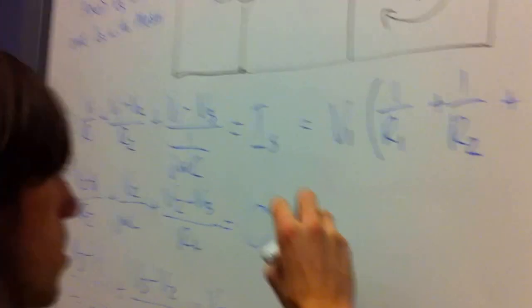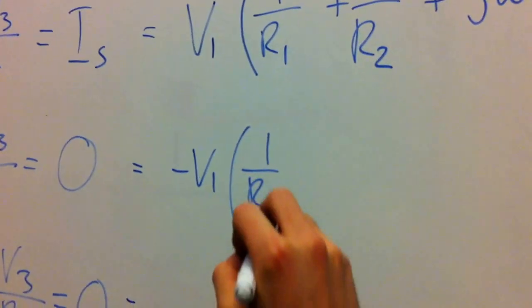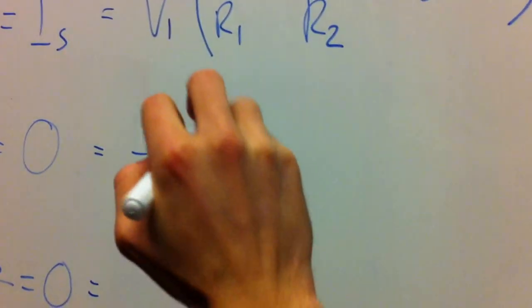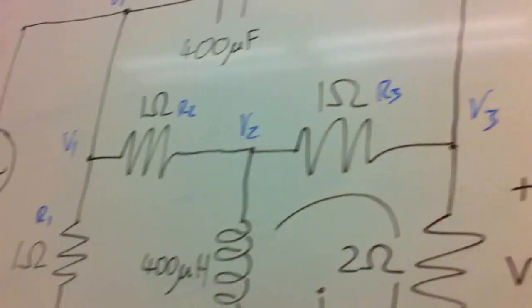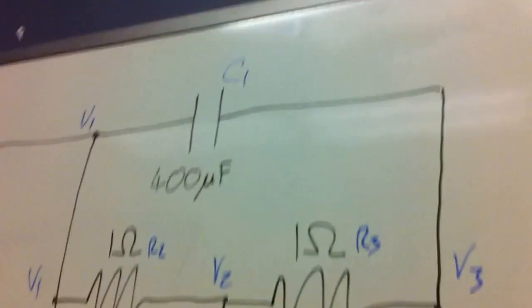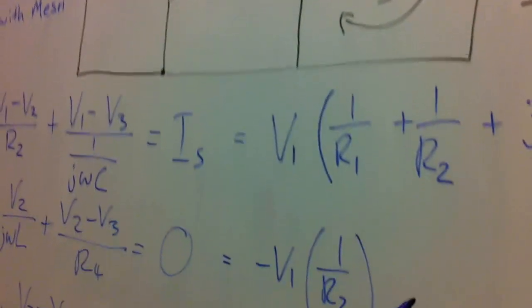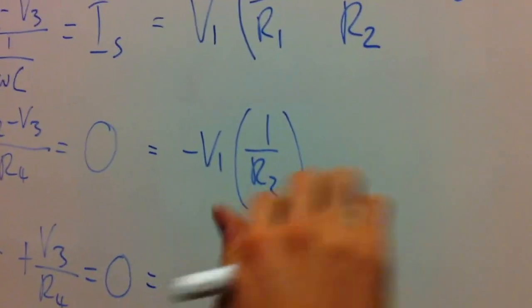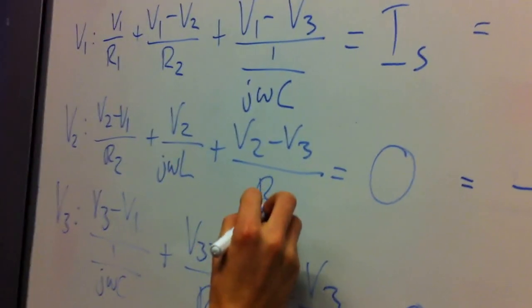Same thing for the next one, minus V1, 1 on R2. Sorry, let's label these R1, R2, R3, R4. That's C1 and that's L1. Sorry, I'm going to change that to R3 because we've got R3 here, not R4.